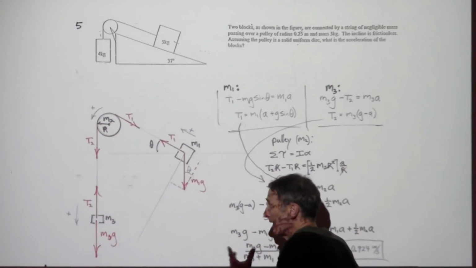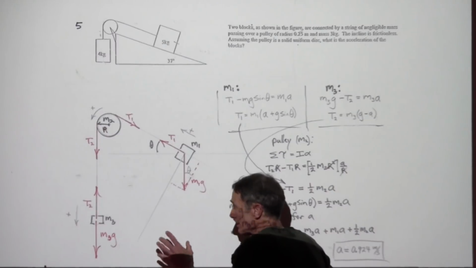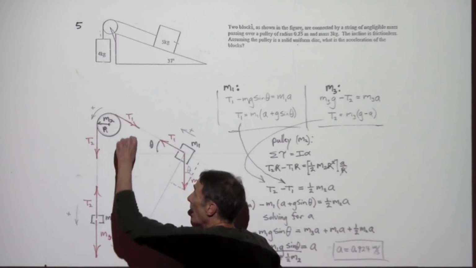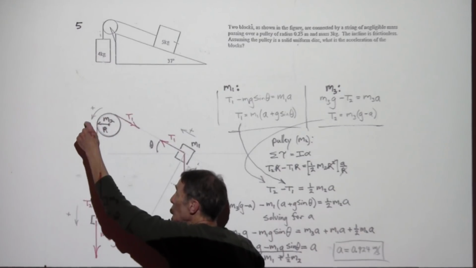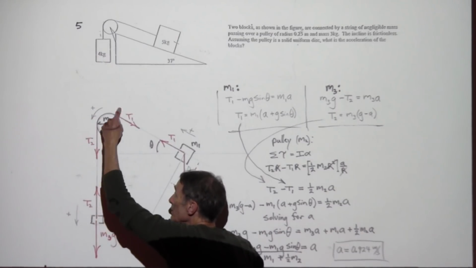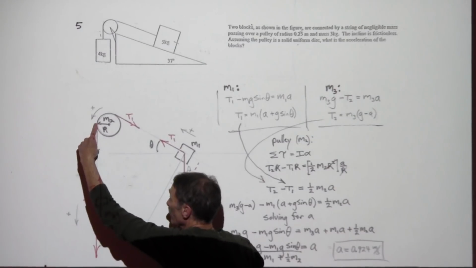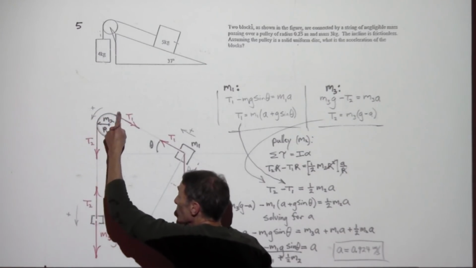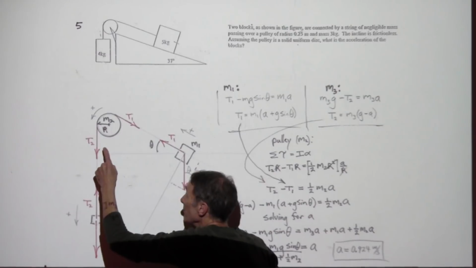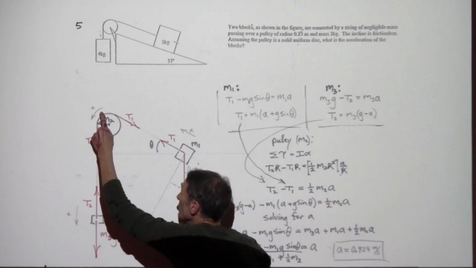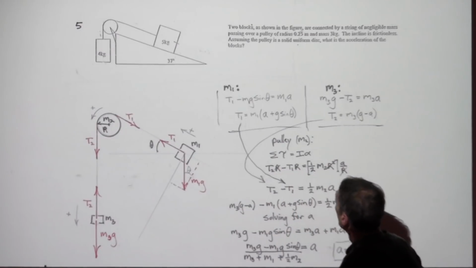It's a lot like choosing your x and y axis being plus or minus in either direction. It really doesn't matter. If I'm calling this a plus direction, any tension or in turn torque that wants to get it to rotate that way I'll call positive, and T1 would be wanting to get it to go the other direction, I'll call that negative.